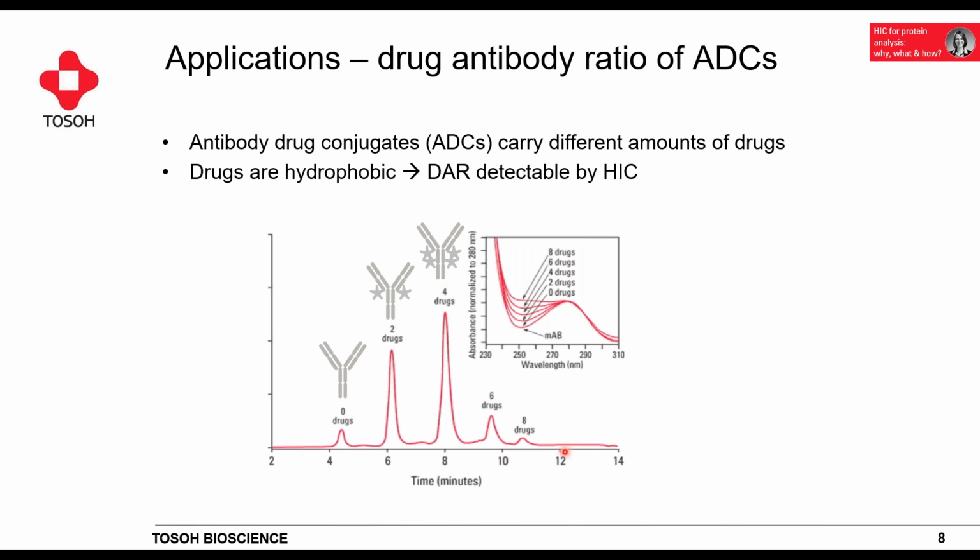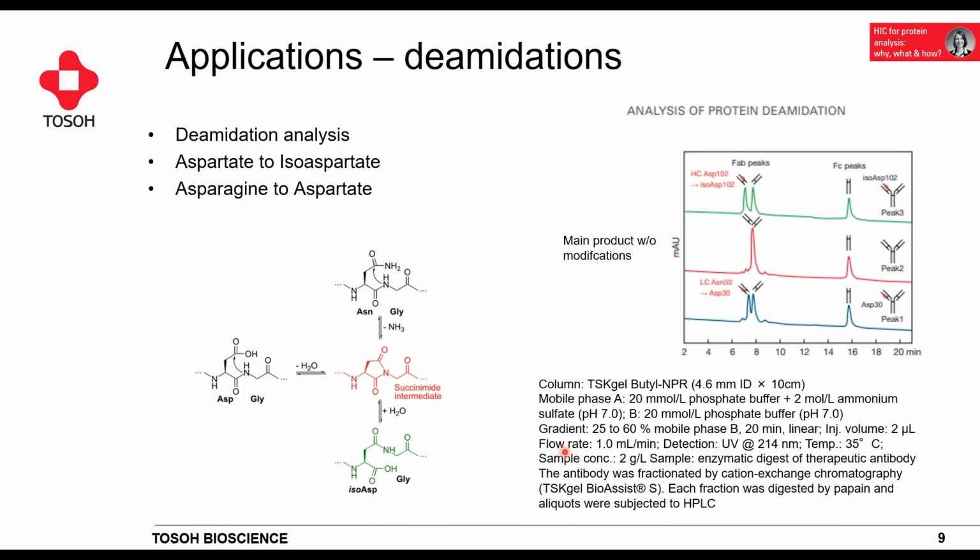Now, another thing we were looking at was deamidations. And here is an example of how that could look if identified by HIC. So what we see here is a fragmented or digested antibody into the Fc and both Fab arms.